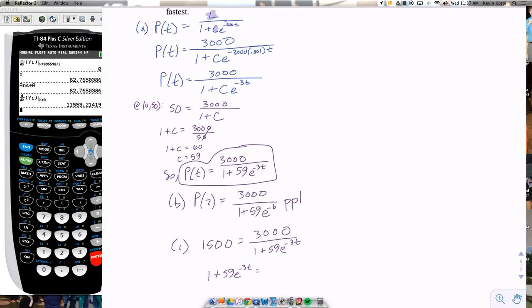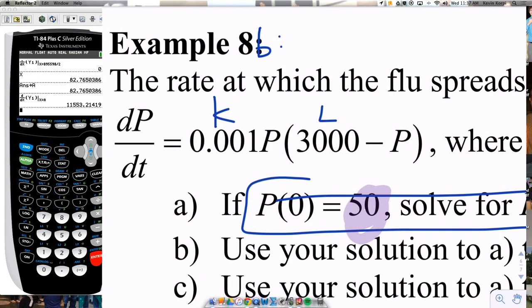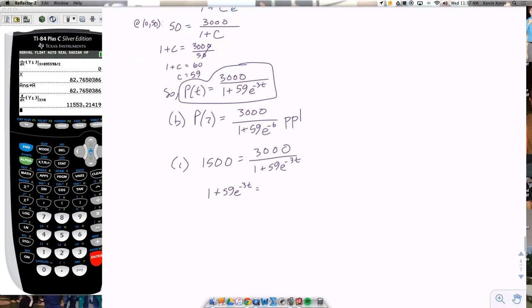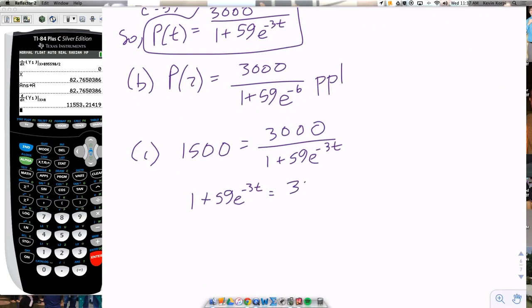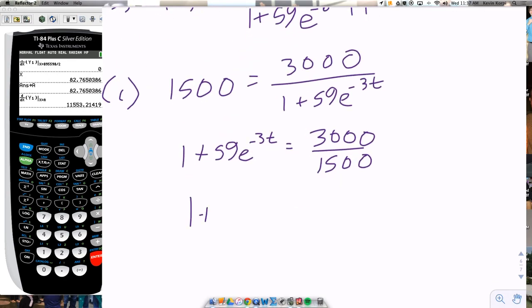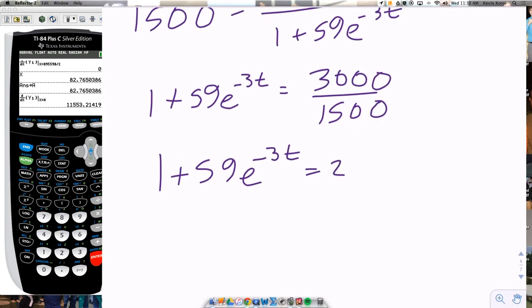Well, could I use this model up here to find the number of days? That doesn't have t in it, no. So I'm going to have to keep going here. And I'll switch it, and I get 3,000 divided by 1,500. And what is 3,000 divided by 1,500? 2. So now I got to start peeling back the layers.